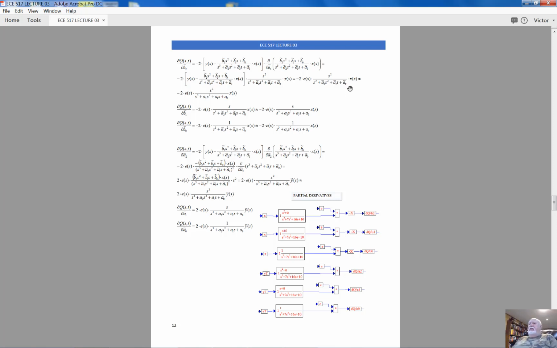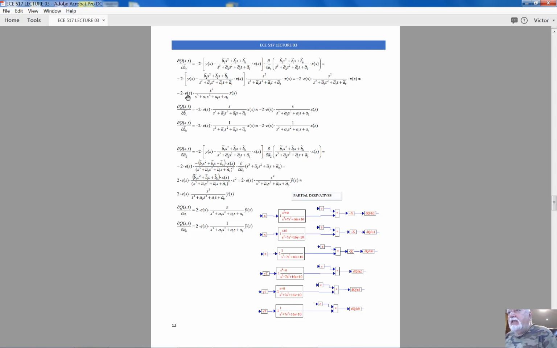Next, what I am doing here is a mathematical simplification. I will assume that this denominator is not much different from the denominator of the adjustable system, because local parametric optimization implies that the initial difference between the adjustable system and the reference model is small.